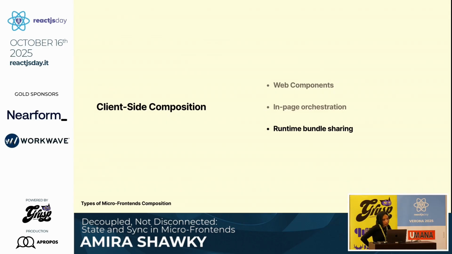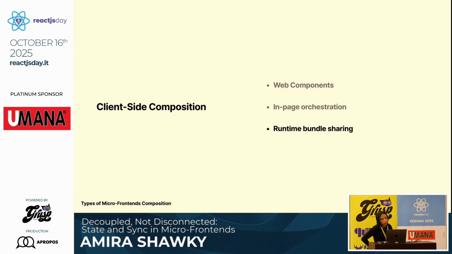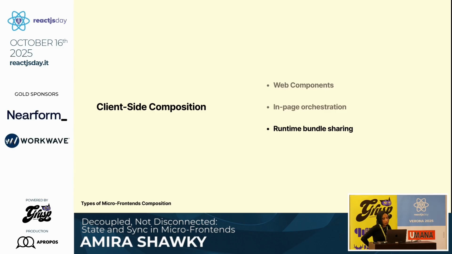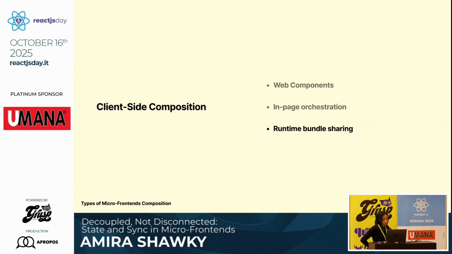At runtime, the host exposes its shared library, and the remote application declares that it expects those shared libraries instead of bundling them. When the remote is loaded, it resolves those dependencies from the host, not from its own bundle. So React is only downloaded once, and there's a single global instance across all micro frontends.